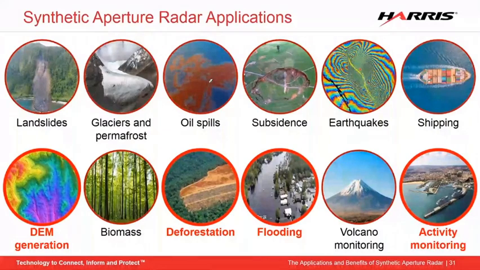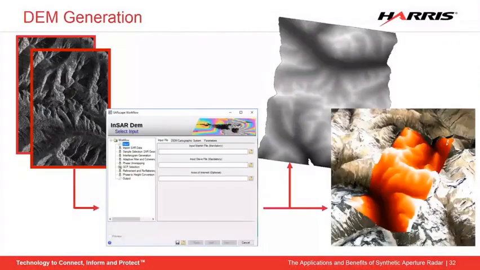And so jumping right in, digital elevation models or digital surface models are one of the most classic uses of SAR data. How this works is you have a pair of images, and these images, very similar to optical photogrammetry, will be looking at the same spot, and if they're from different view angles and from different time periods, you can actually get higher resolution information, such as topography or displacement that's occurred between the two scenes.